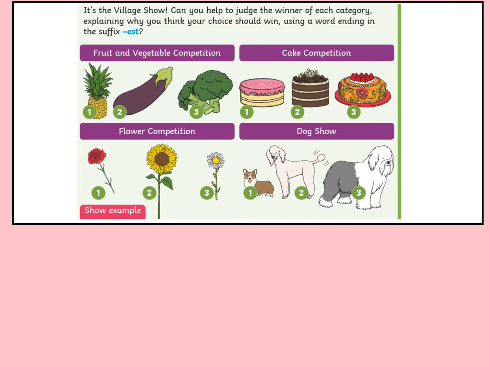So for example, and you now cannot steal this one because I'm giving it to you, if you were looking at the fruit and vegetable competition, you might want to choose broccoli as the winner, which is number 3. You could choose this because it is the greenest, which shows it has the most green. For your main task here, choose a winner from all 4 competitions and explain in a sentence why they are the winner, using a root word you added the est suffix to.